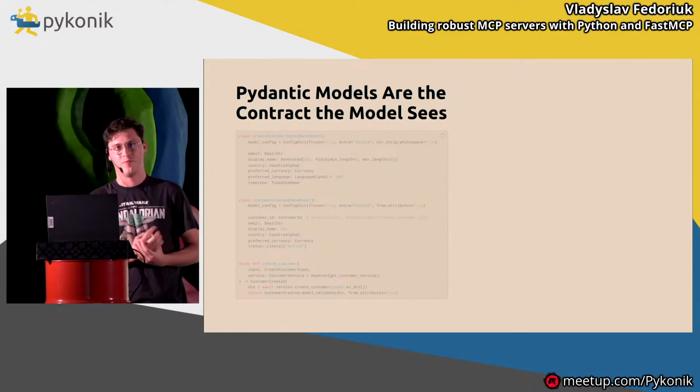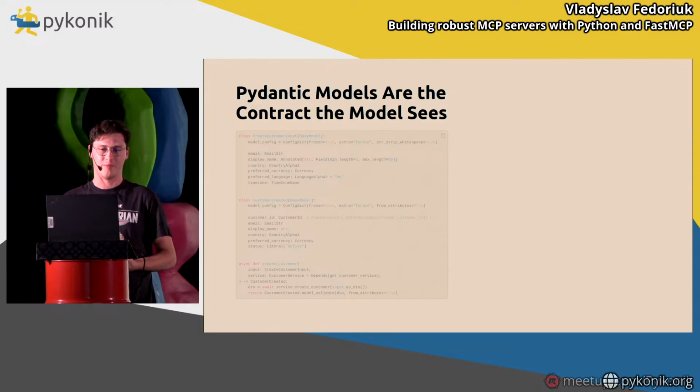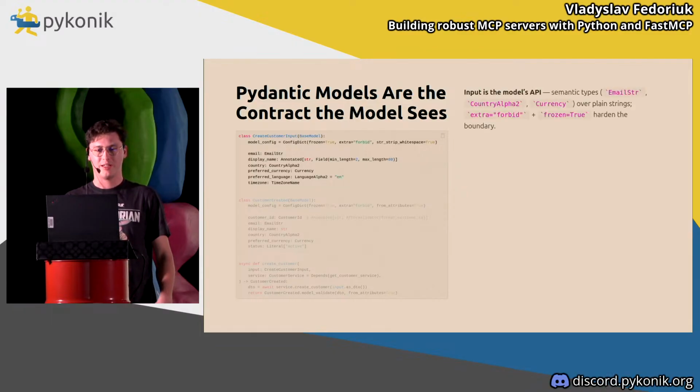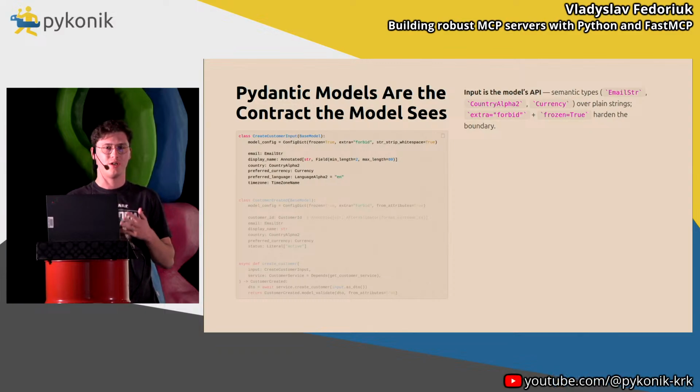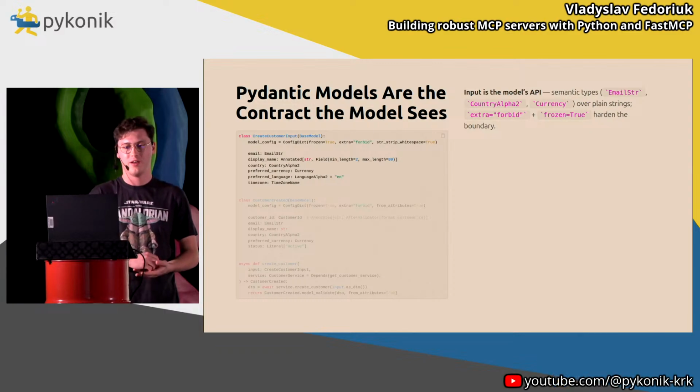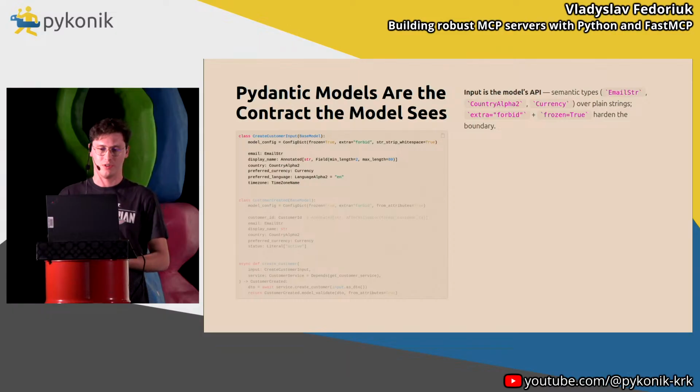Also, what we learned from working with FastAPI and this ecosystem over the last few years is that Pydantic is awesome and we should be using more of it. Pydantic models are basically the API contracts that the model sees, and you should use them as much as you can.